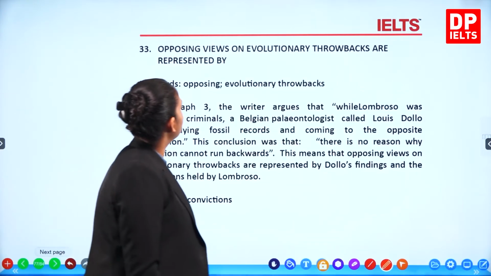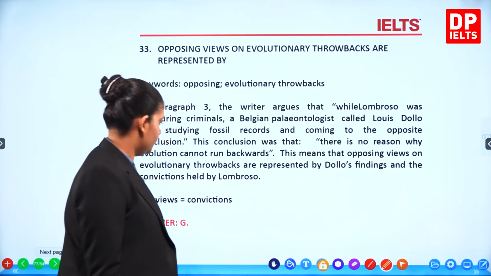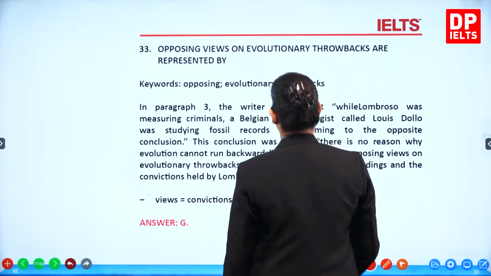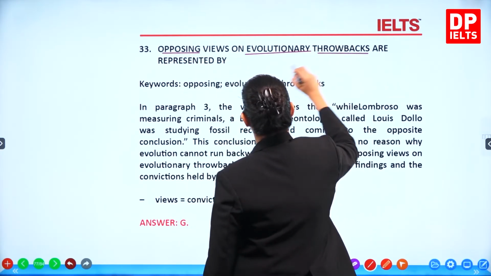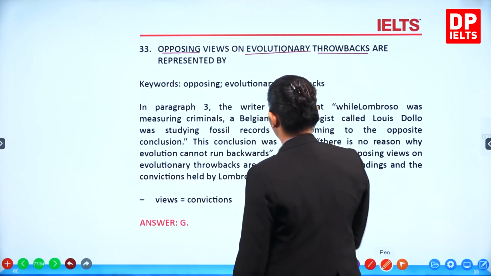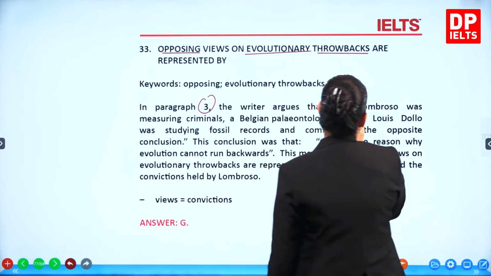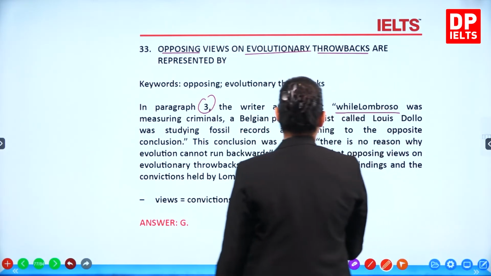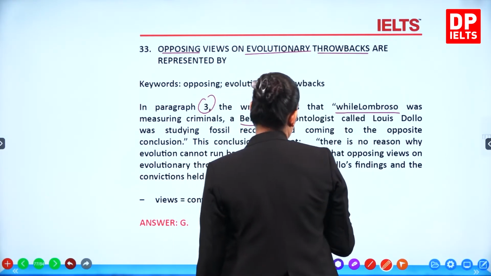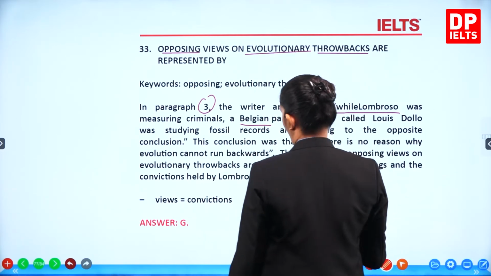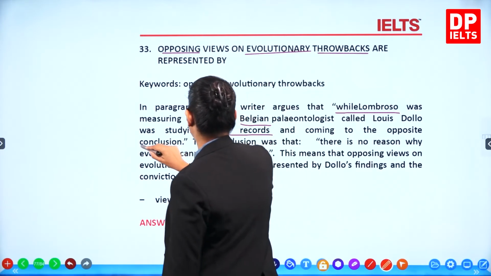33. Opposing views on evolutionary throwbacks are presented by who? So, opposing evolutionary throwbacks. Go to paragraph 3. The writer argues that while Lombroso was measuring criminals, the Belgian paleontologist called Louis Dollo was studying fossil records and coming to the opposite conclusion.